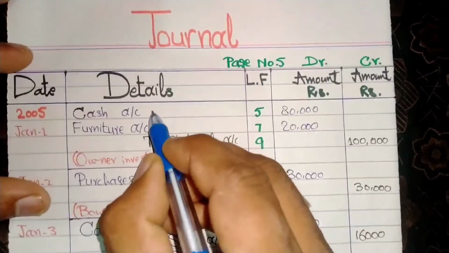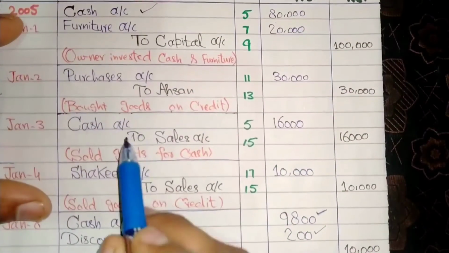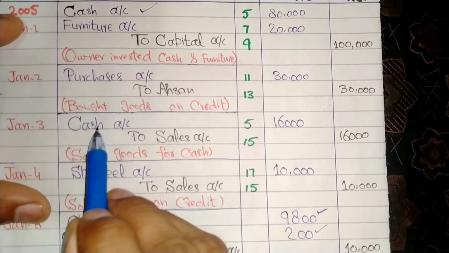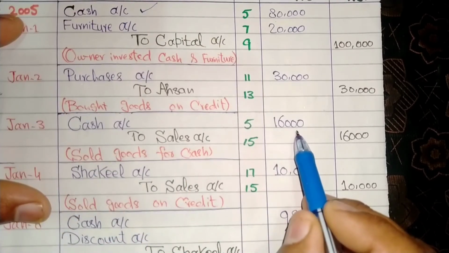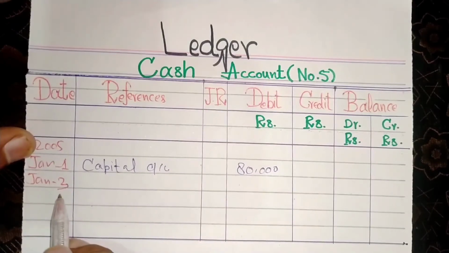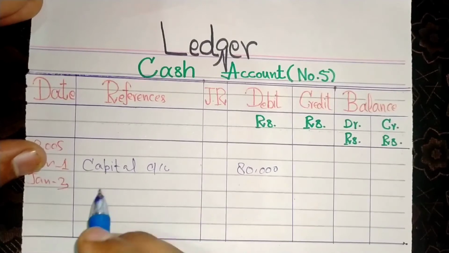After the first entry of the cash account, now we will find the second entry. Right here on date Jan 3, cash account debit by sales account, right? With an amount of 16,000 rupees. Jan 3rd is the transaction date, cash debit by sales account.